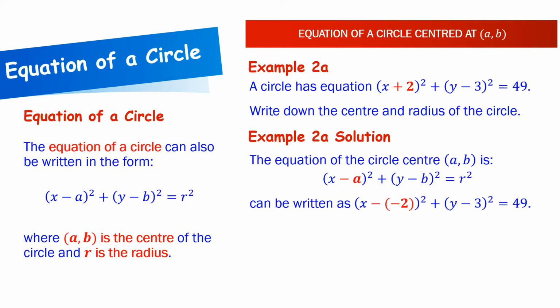Therefore, a is equal to −2 and b is equal to 3, and r squared is equal to 49. So the centre of the circle is (−2, 3), and the radius is 7, which is the square root of 49.